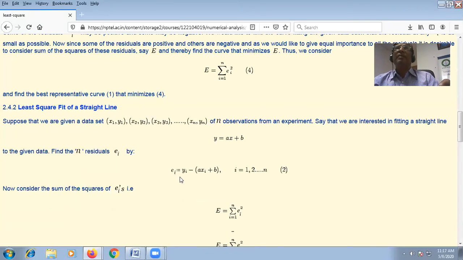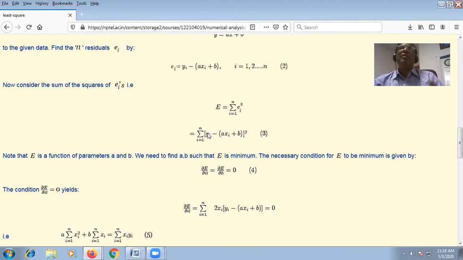This is y1, this is e1, and then y1 minus this, and finally we can write like this. And then after squaring this, this is the result, and if ei is equal to this, then this will be a square. So this is the result, that is least square.